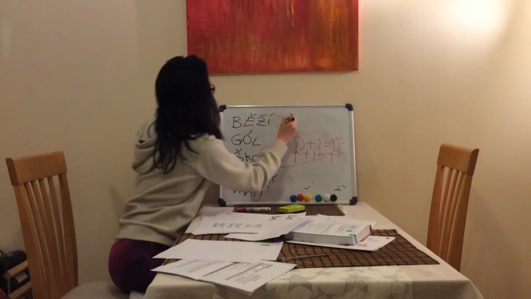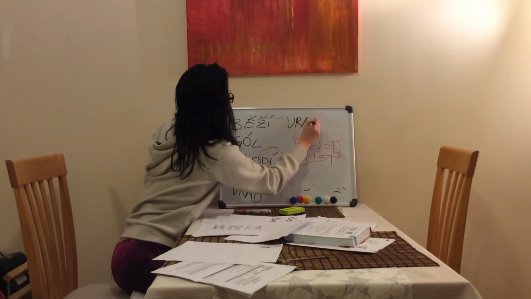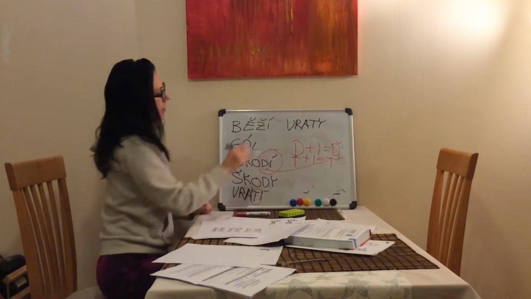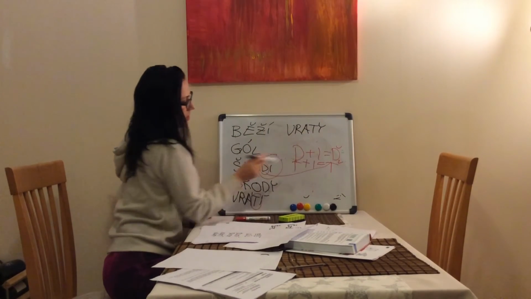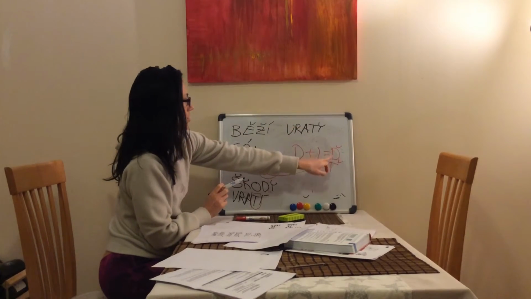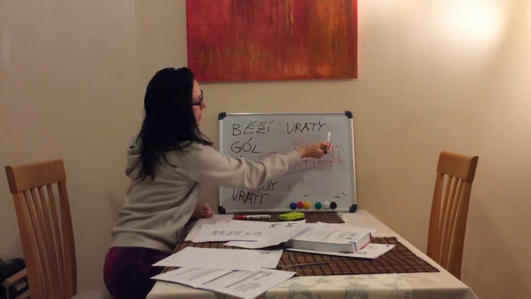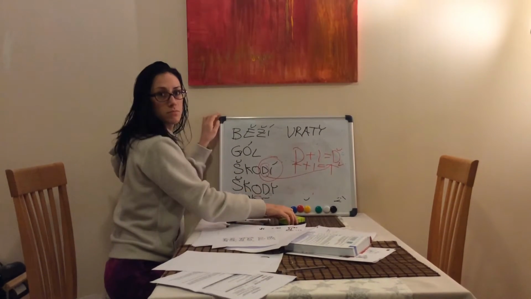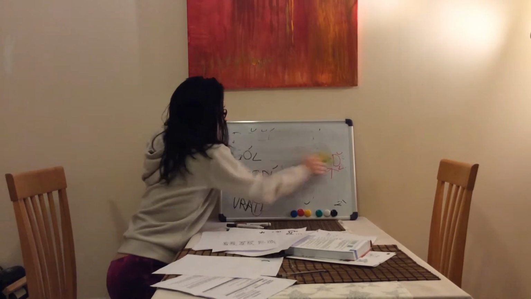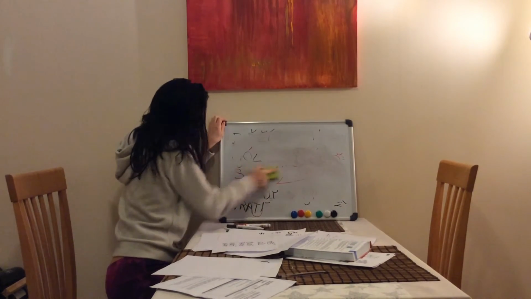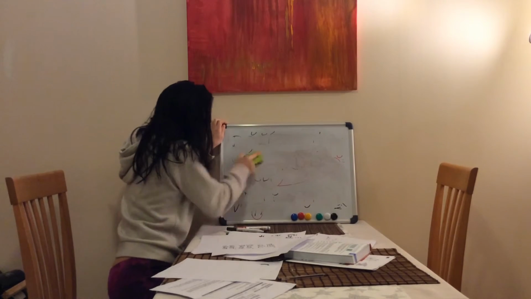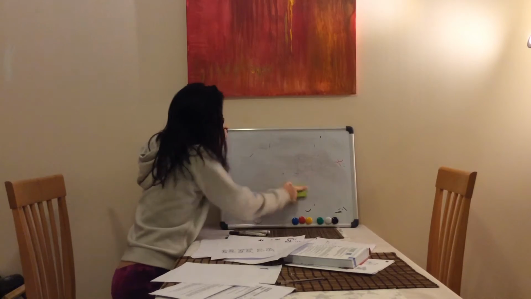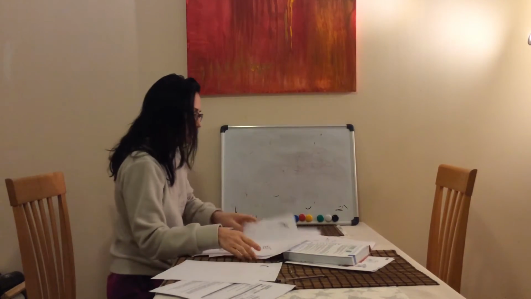We can have another word, which would be the same case as in škody. T and Y doesn't change anything because it's T and I that changes this into J. So this is vraty. Yes, so this is probably it, and we can maybe just do a few sentences quickly.